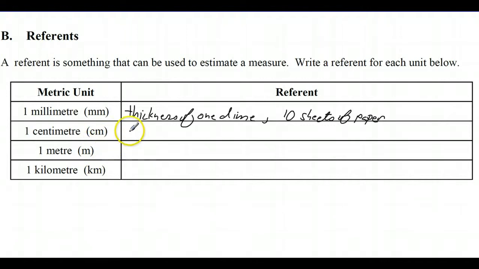1 centimeter. How about 10 dimes? So you can make a nice centimeter referent for only $1. The thickness of 10 dimes. Or the width of the fingernail on your smallest finger.